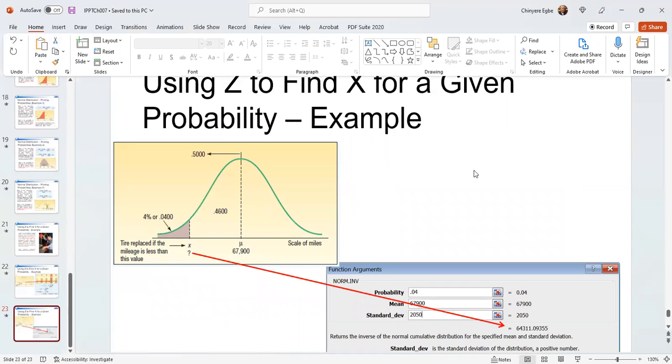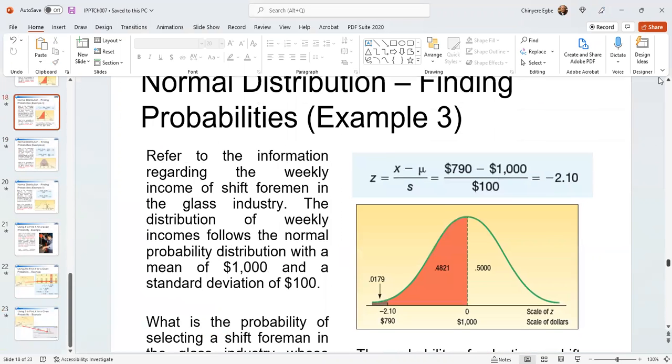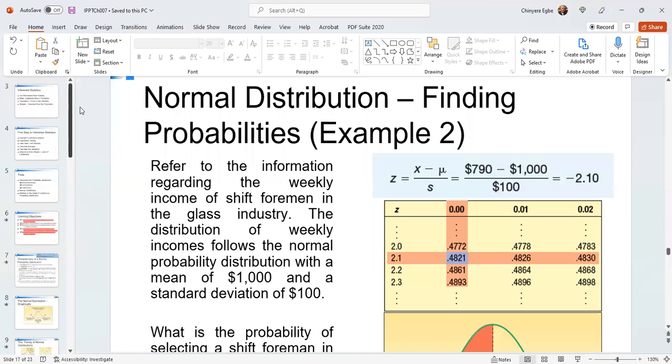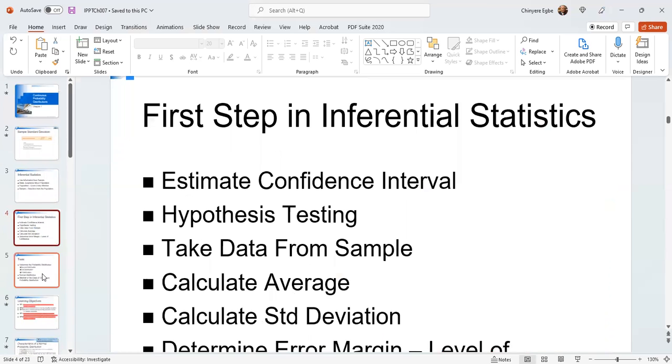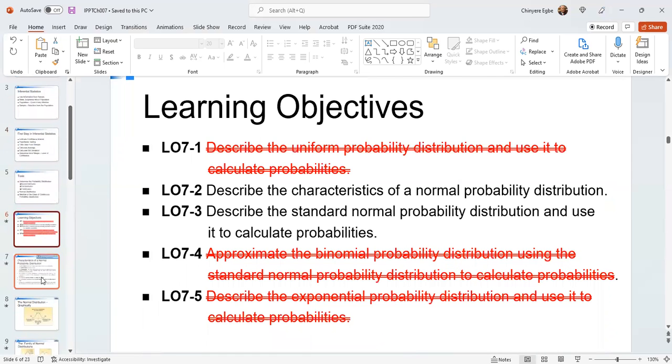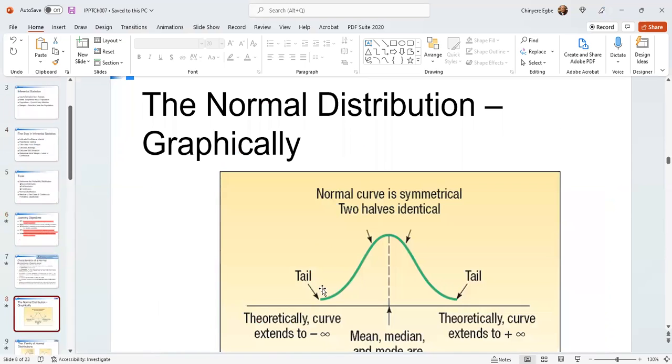I'm going to repost this for this class. So the question then becomes, what is the normal distribution? We're going to talk about it very briefly and allow you to digest it. Like I said, the normal distribution is a bell-shaped distribution.